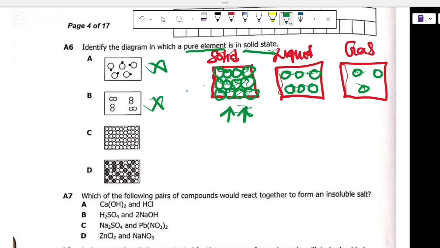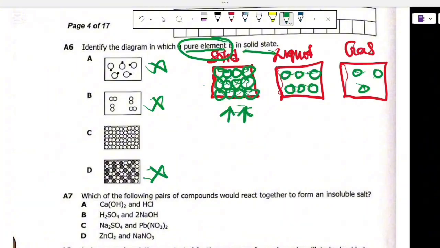Now remember that both of these are pointing to a solid state, but one is impure because we're talking about a pure element. So which one is pointing to a pure element? Well, you can easily see that this is incorrect because notice that it is combined with other elements. So the fact that it is combined with other strange elements shows that that is not a pure element.